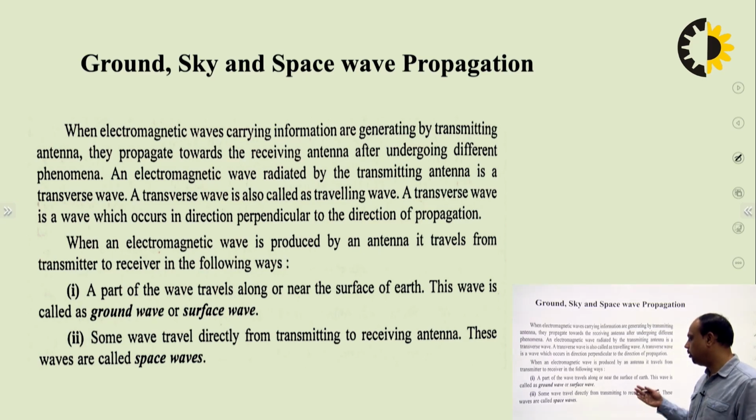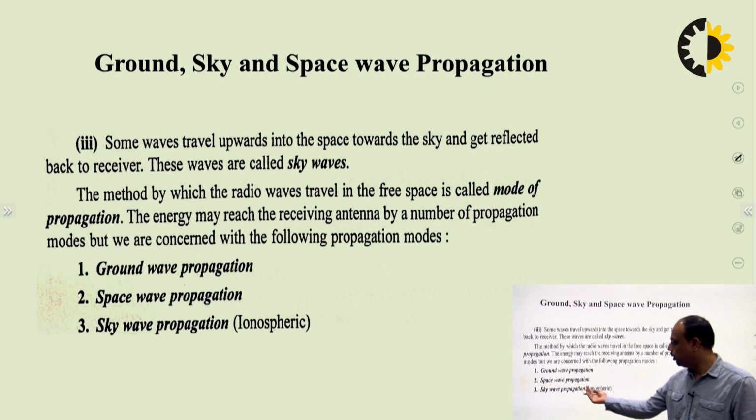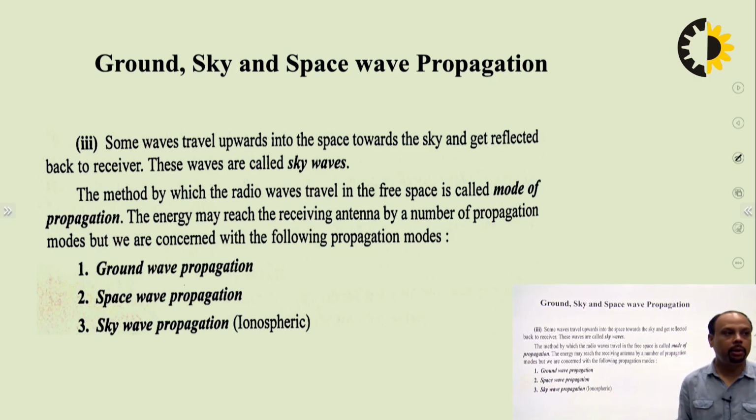Some waves travel directly from the transmitter to the receiving antenna, called space wave propagation. And the third is when the wave is shot into the sky and reflected back by the ionosphere; that is known as sky wave propagation or ionospheric wave propagation.